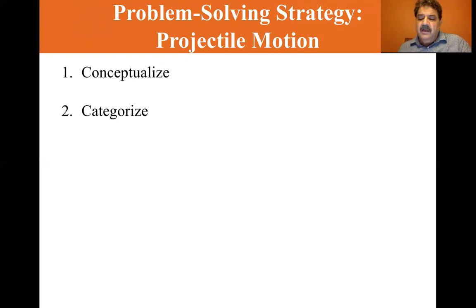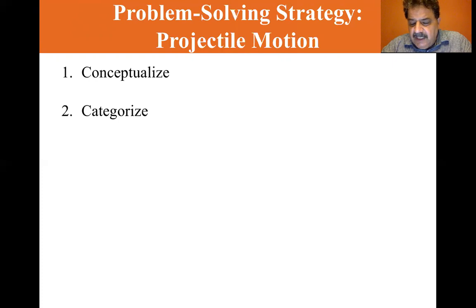Select a coordinate system with X in the horizontal direction and Y in the vertical direction. Use the particle under constant velocity model for the X component of motion. Why? Because in the X direction there is no acceleration. And use the particle under constant acceleration model for the Y direction. Why? Because it's always under the influence of gravitational acceleration.